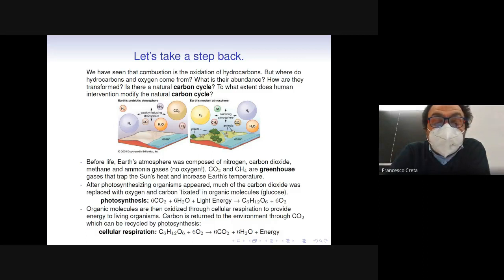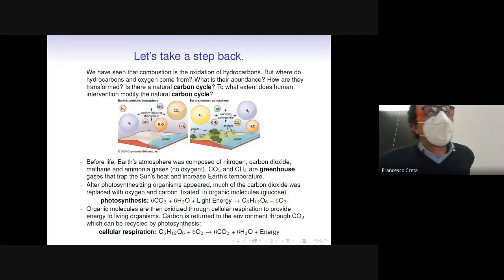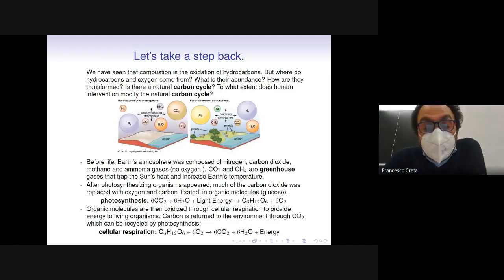Now, the question may arise, where do the hydrocarbon and oxygen come from? I mean, who put these elements there in the atmosphere to start with? And why are they in this kind of abundance? I mean, there is about 20% of oxygen by volume in the atmosphere, okay?